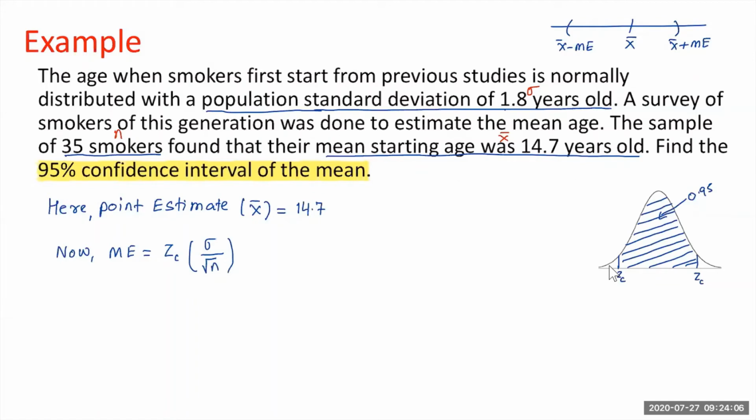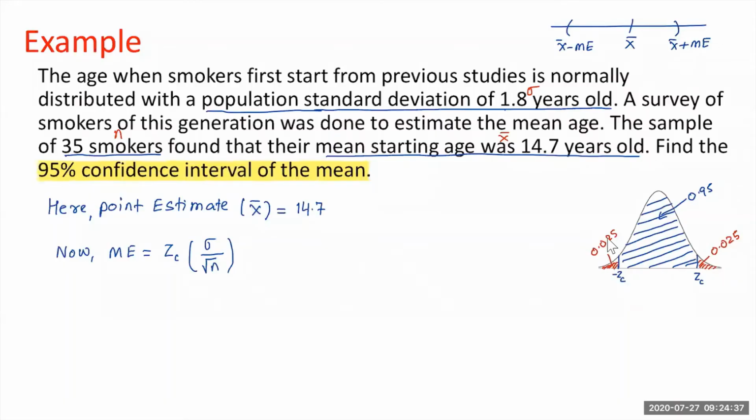So let's label that. This tail area is 2.5%, that is 0.025, and this one here is also 0.025.